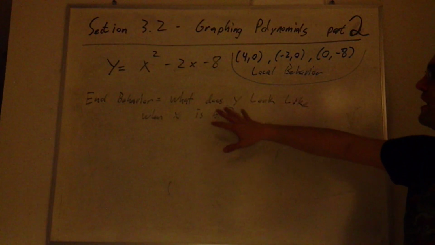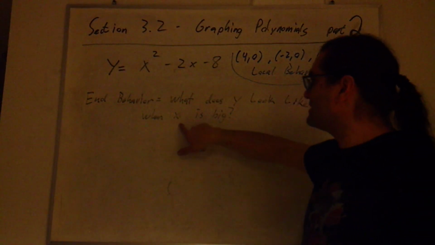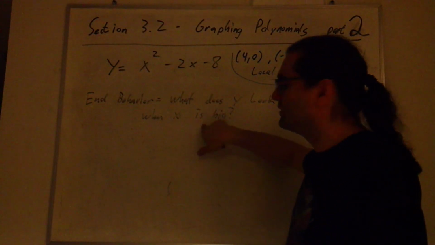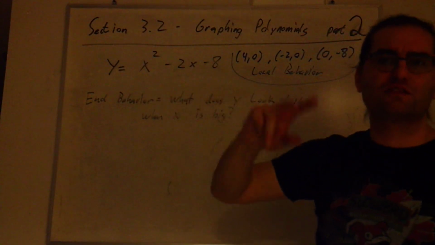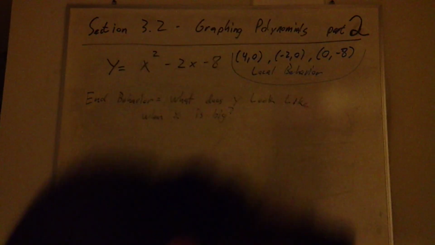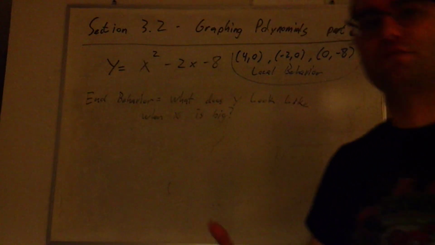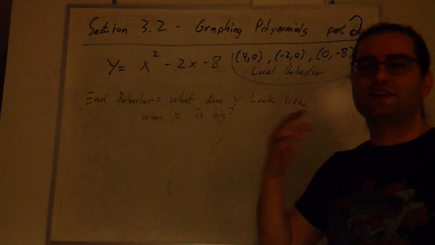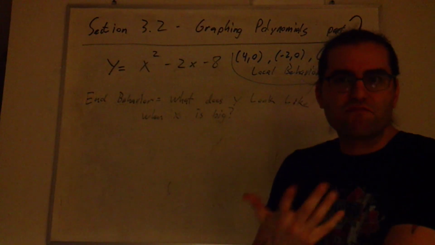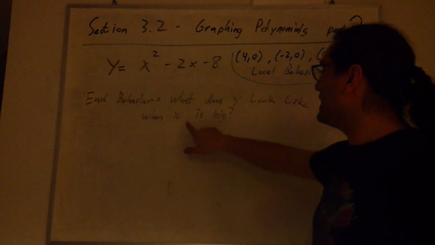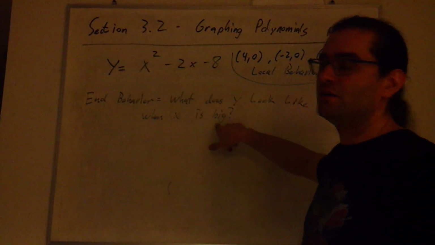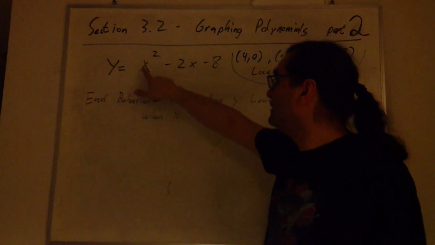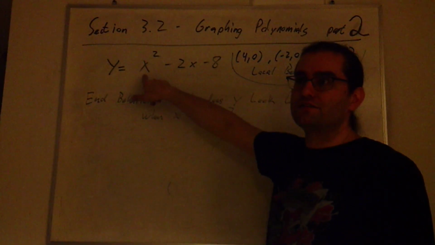So when x is big, let's start on the smaller end of big. Let's examine what happens when x is 1,000,000. If x is 1,000,000, then I should plug that in here. 1,000,000 squared is 1,000,000,000,000.